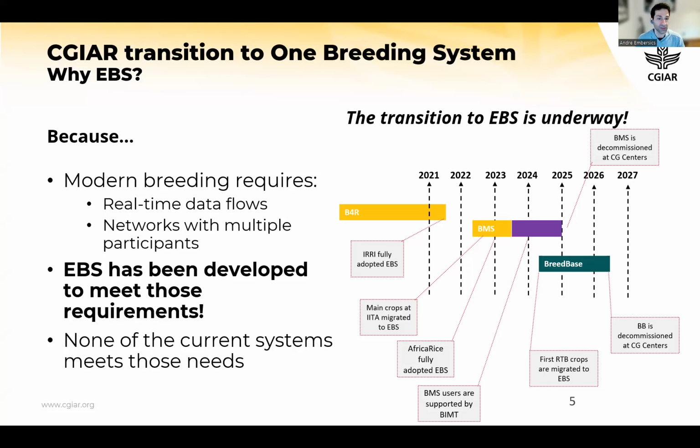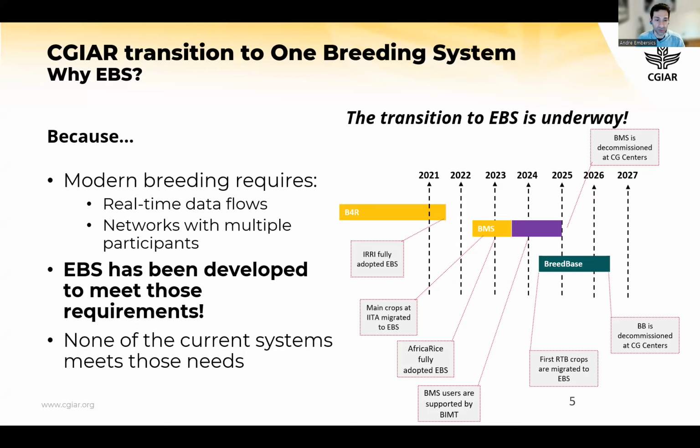What you see on the screen here is a transition that started, as I mentioned, in 2020, 2021. But of course, EBS started as another system called B4R that goes all the way back to the 2010s, and after CIMMYT and IRRI joined forces, that was exactly the moment where EBS was born, in 2017, 2018, and from there a lot has happened so far.